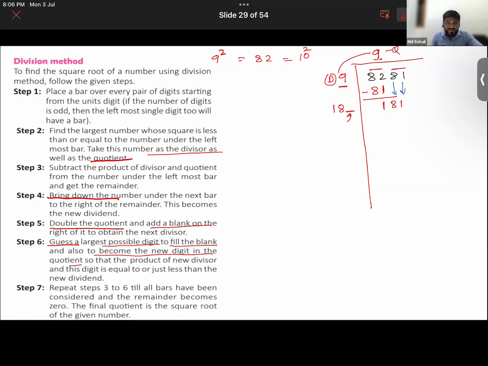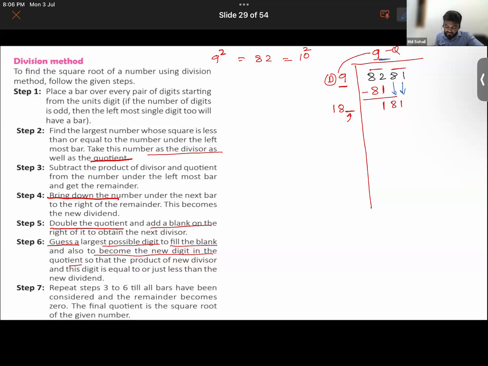Now here's the thing. The number which you are going to write in this blank, the same number has to be written in the quotient as well. Remember this thing.